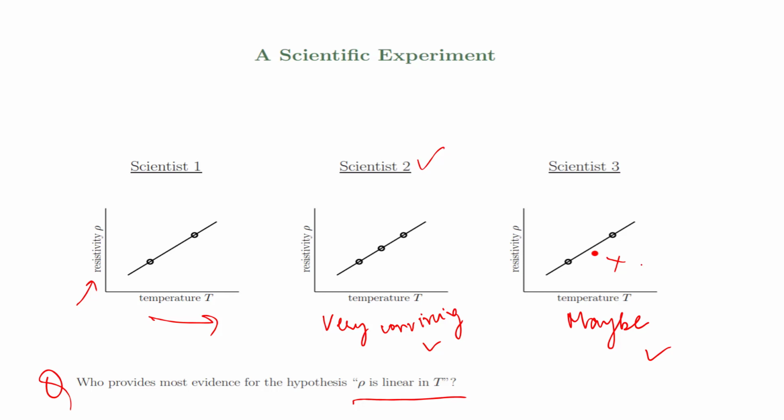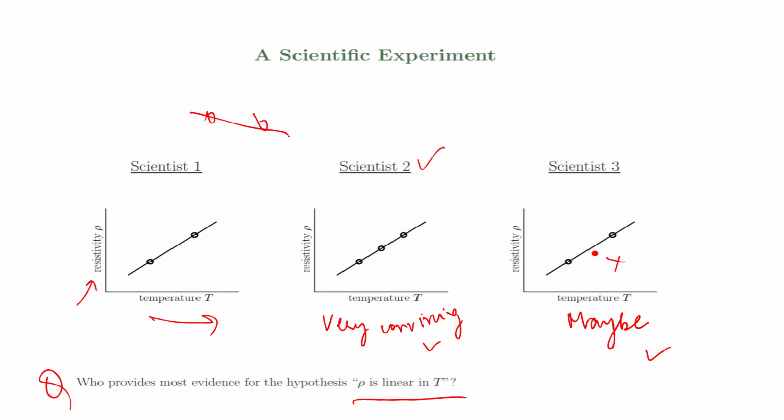Okay, what about scientist 1? We didn't talk anything about scientist 1. Now scientist 1 has just given 2 measurements, right? And the whole point here was to show whether rho is linear in T or not. So scientist 1, if you look at it, has given us no evidence whatsoever of the hypothesis. What does that mean? Well, you can always join 2 data points with a line. I can have any 2 points and I can always join them. That's basic geometry, elementary level math.